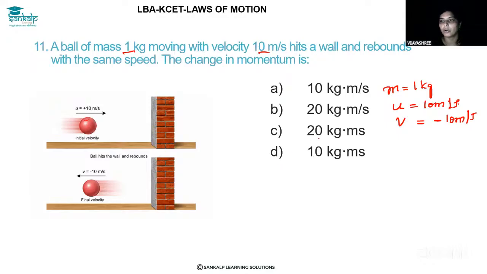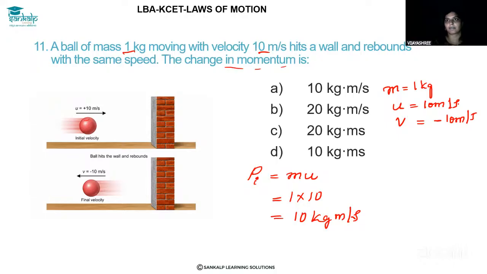Now what we need to calculate: they have asked for the change in momentum. So first we will calculate the initial momentum p initial, which is equal to mass into initial velocity, which is equal to 1 kg into 10 meter per second, which is equal to 10 kg meter per second. So the initial momentum is 10 kg meter per second. Next, the final momentum.